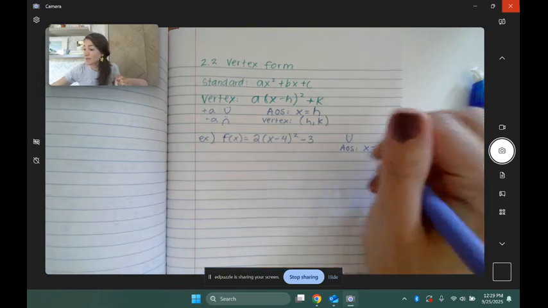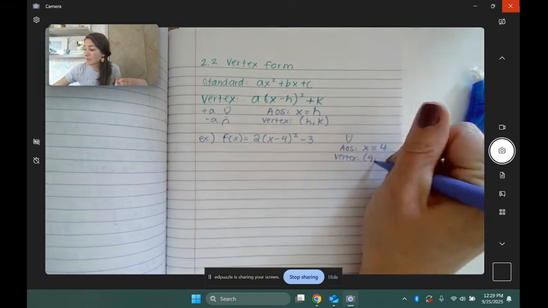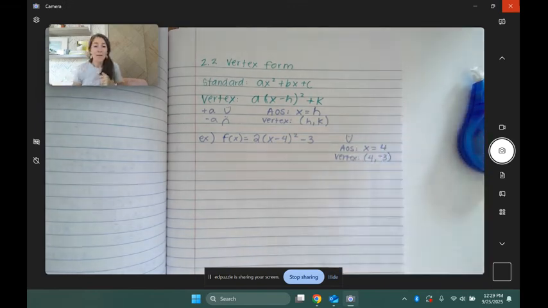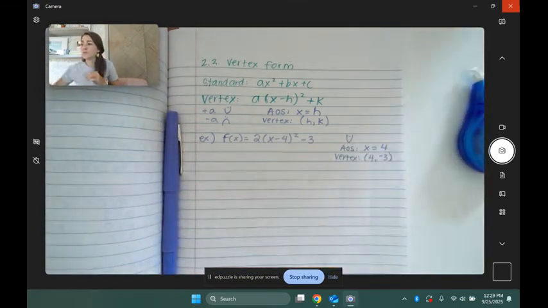The axis of symmetry is at 4, and my vertex is at the point (4, negative 3). Now, you don't have to take the time to identify which pieces. You can make a table for anything you want and fill it all in, but this, I think, helps you to choose the best numbers in your table.